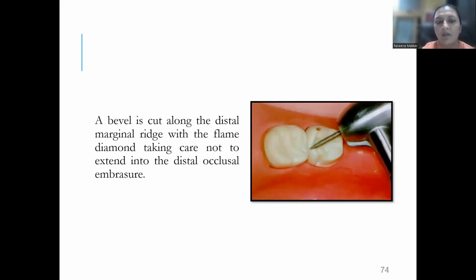And occlusal bevel: a bevel is cut along the distal marginal ridge with the flame diamond, taking care not to extend into the distal occlusal embrasure. This is the bevel which is formed and is called the occlusal bevel. Care should be taken not to extend into the disto-occlusal embrasure, this area.